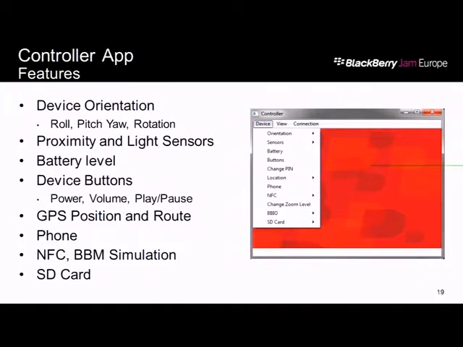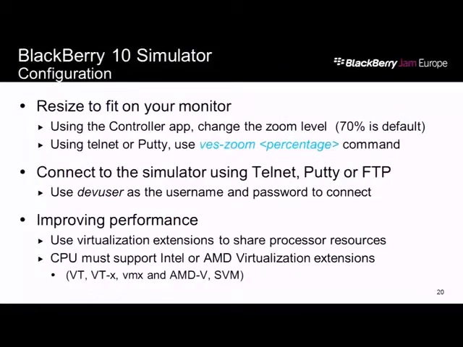So if you're doing an application integrating with BBM, you can actually have a network of a couple of simulators registering for BBM and sending data back and forth, and you can test how your application would integrate with that. That can all be done on one machine. And as I had mentioned before, the SD card simulation.